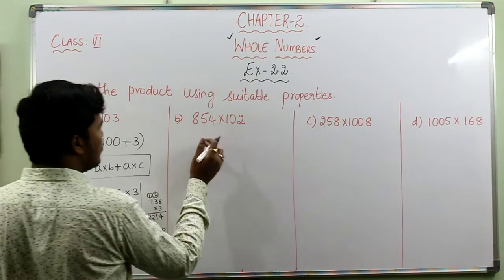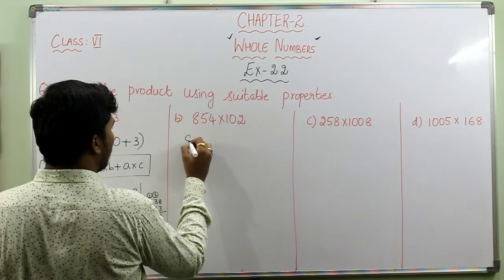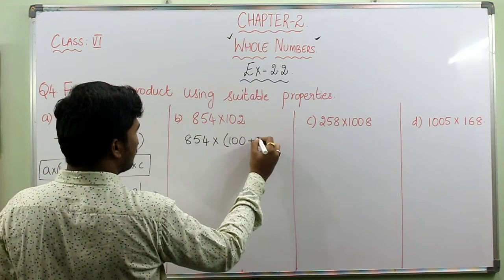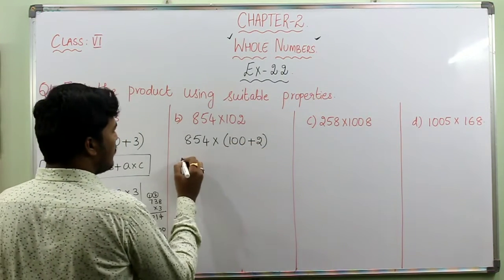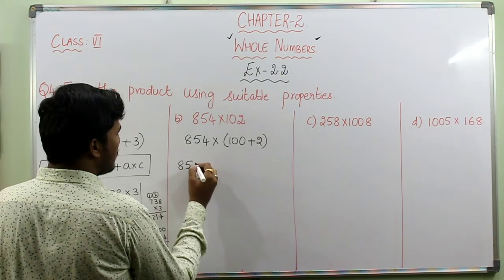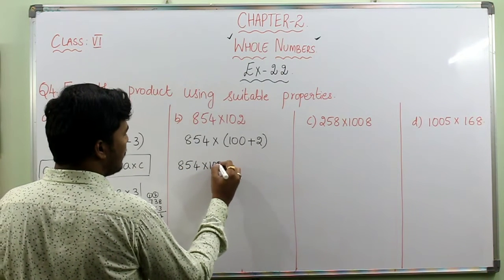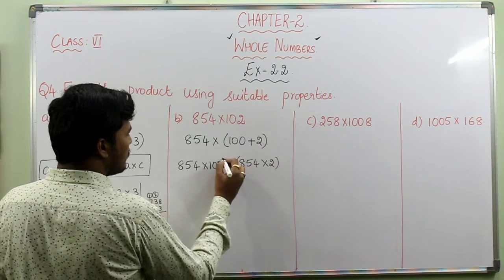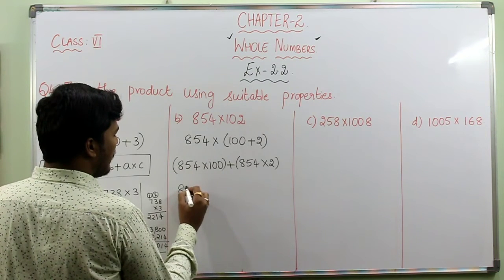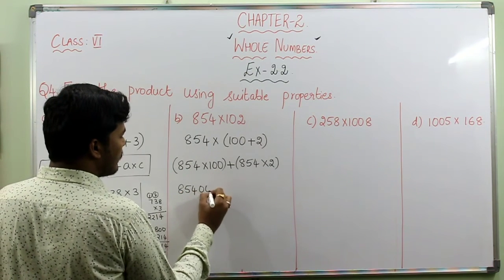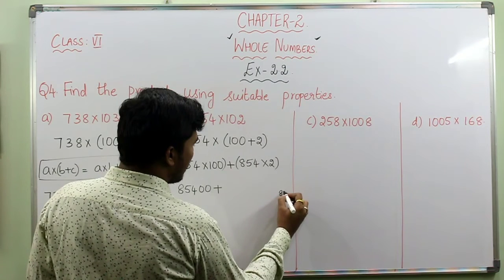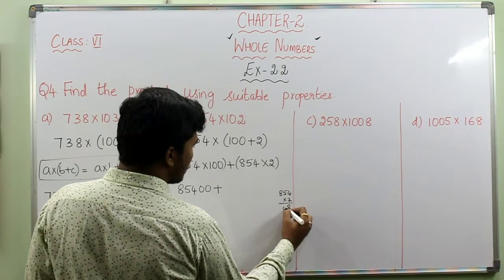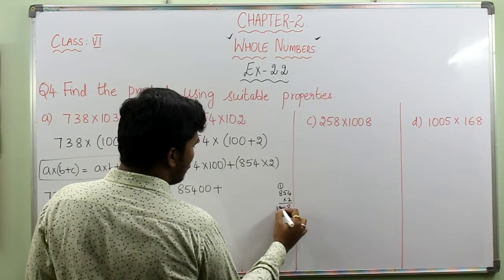Now the second one is 854 into 102. You can write it as 854 into 100 plus 2. Again the same property, distributive property, that is 854 into 100 plus 854 into 2. So this will become 854 with 2 zeros added, plus if you multiply this, what will you get? 854 into 2. 4 twos are 8, 2 fives are 10, 8 twos are 16 plus 1, 17.